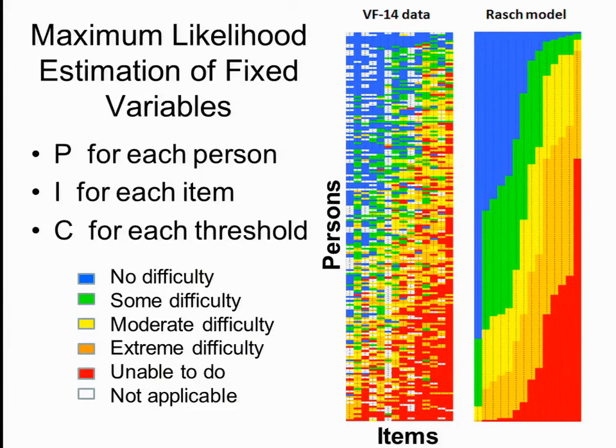And that's what's generated on the right side of that figure, or right matrix: the estimated responses by this group of patients to these 14 items, based on the data themselves.